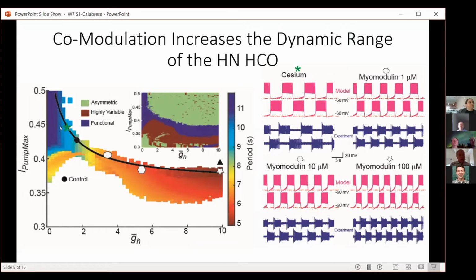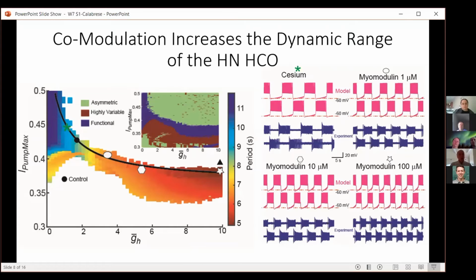And so now I'm showing you that passageway, shown in terms of the period that's expressed.